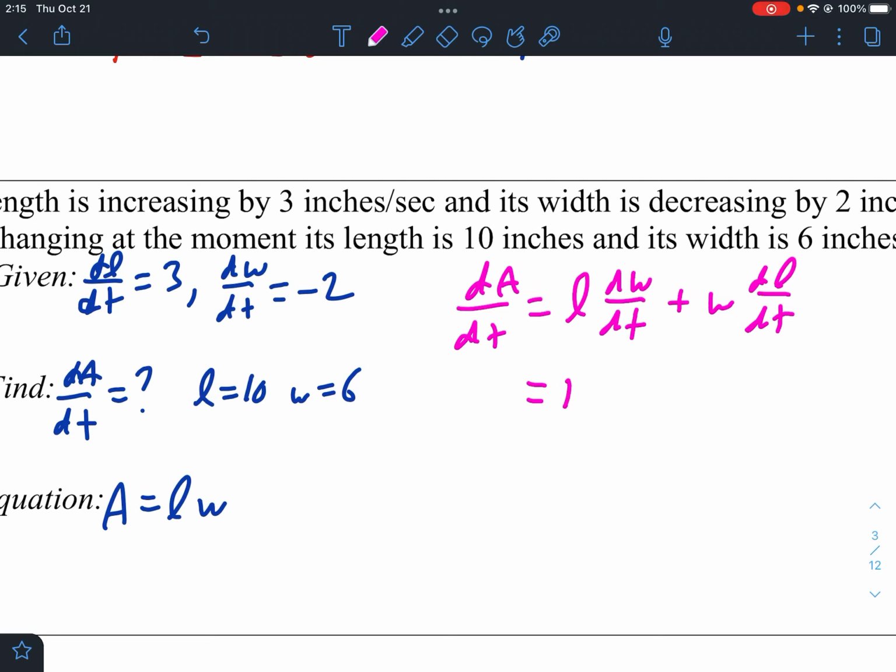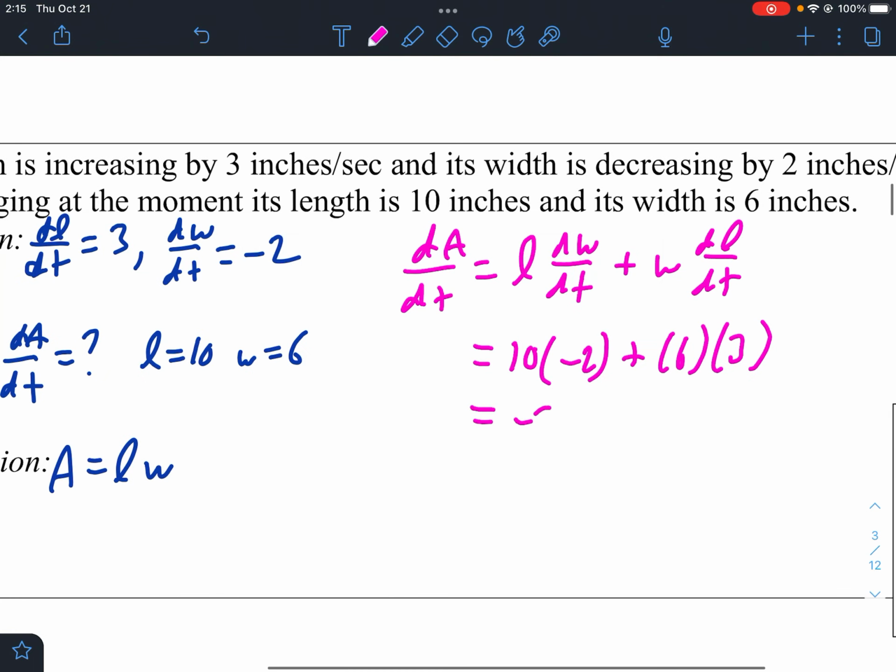We know that L right now is 10, dW dt is negative 2, W right now is 6, and dL dt is 3. So that would be negative 20 plus 18, or negative 2 square inches per second.